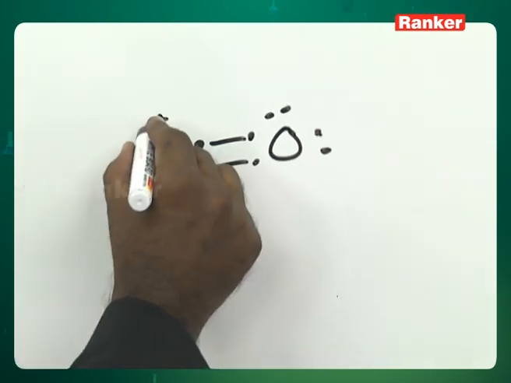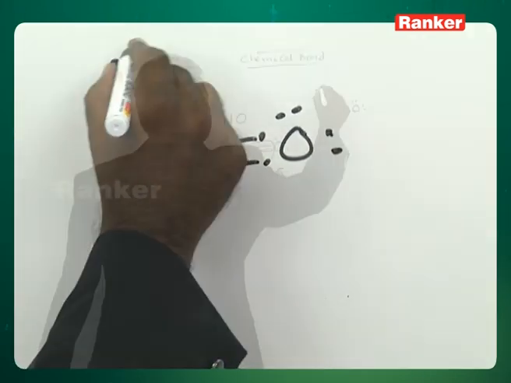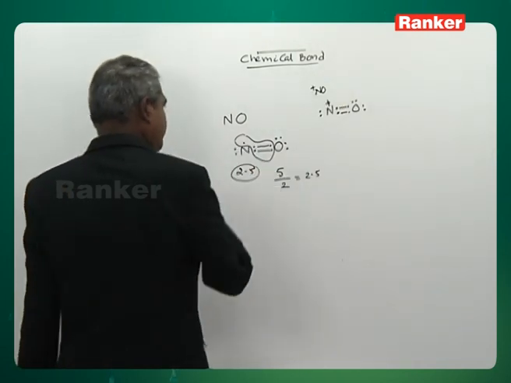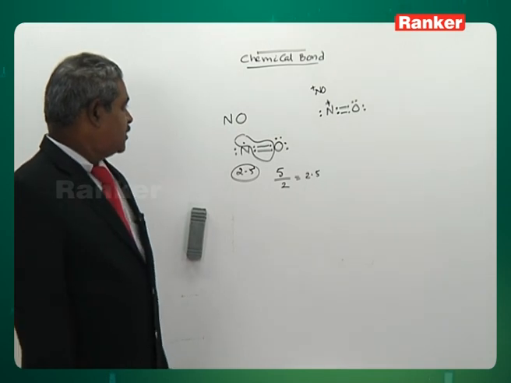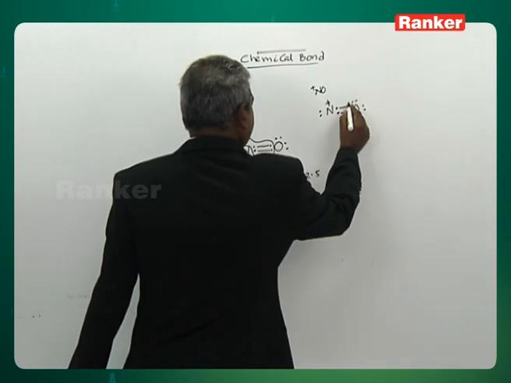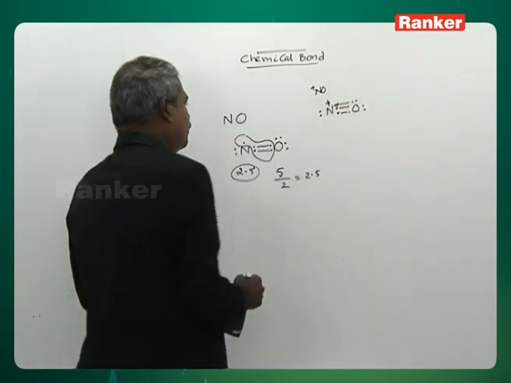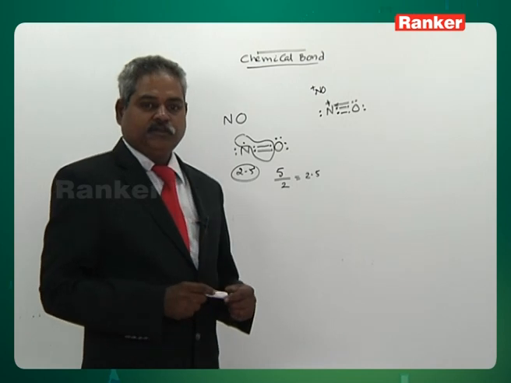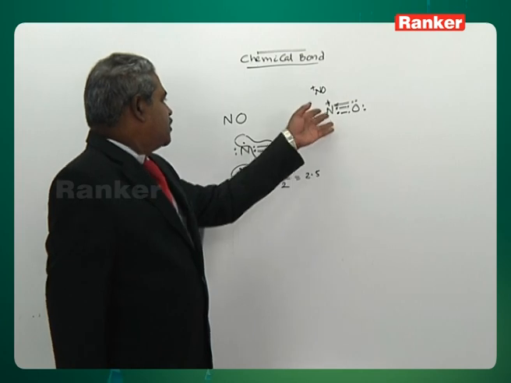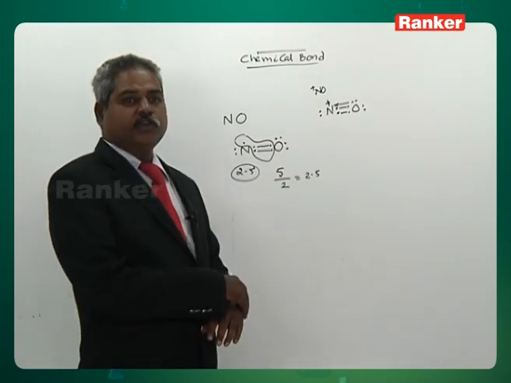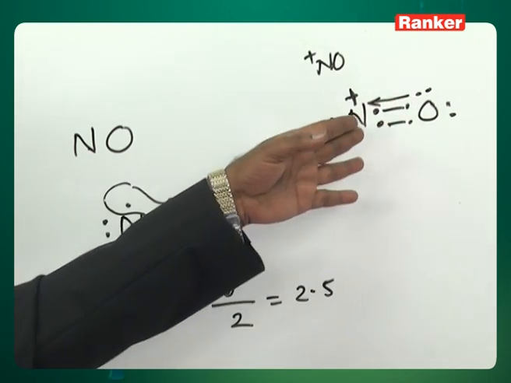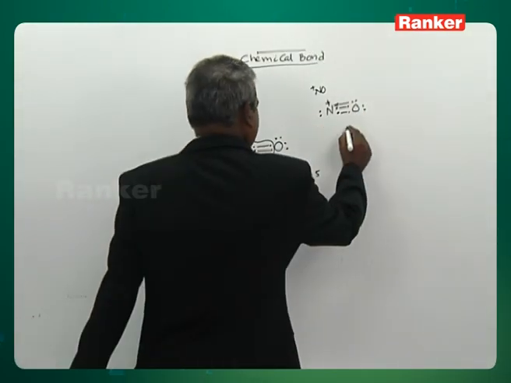So nitric oxide NO has bond order 2.5, and in NO plus, when the electron is removed, a vacancy is created and oxygen donates a pair of electrons to it. So it becomes a triple bond, because plus always donates. It donates a pair of electrons, therefore it has become a triple bond, 3.